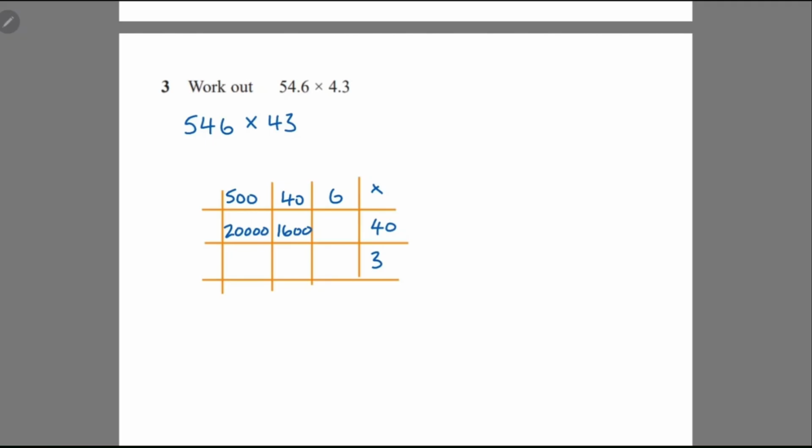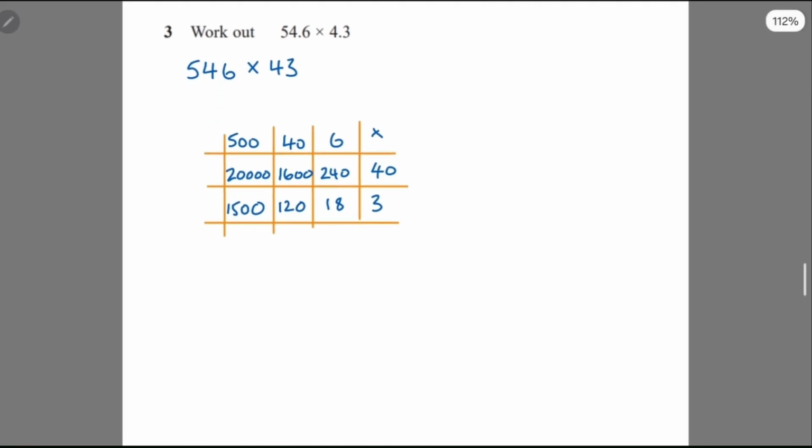If I do this quickly, 6 times 40 would be 240, and 500 times 3 will be 15, and add the 2 zeros on, and 40 times 3 is 12, and then that 0 on, and finally 6 times 3, which is 18.